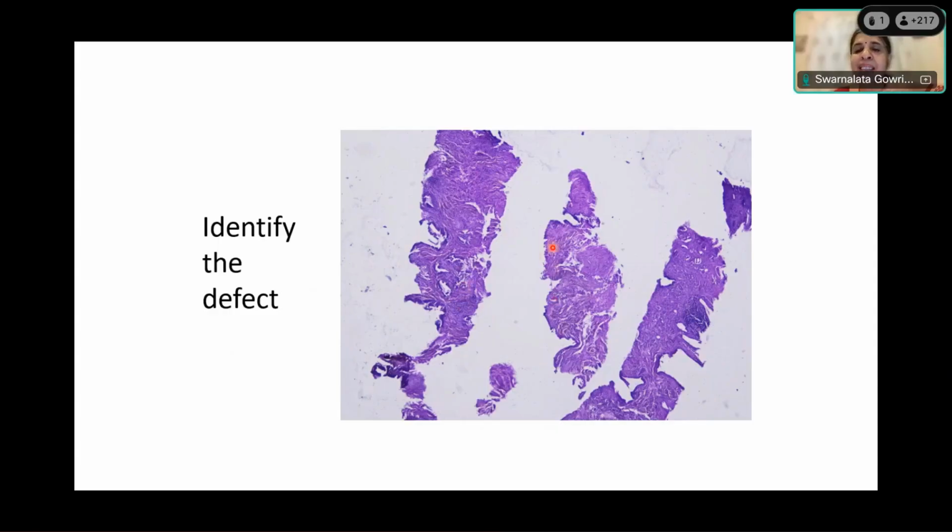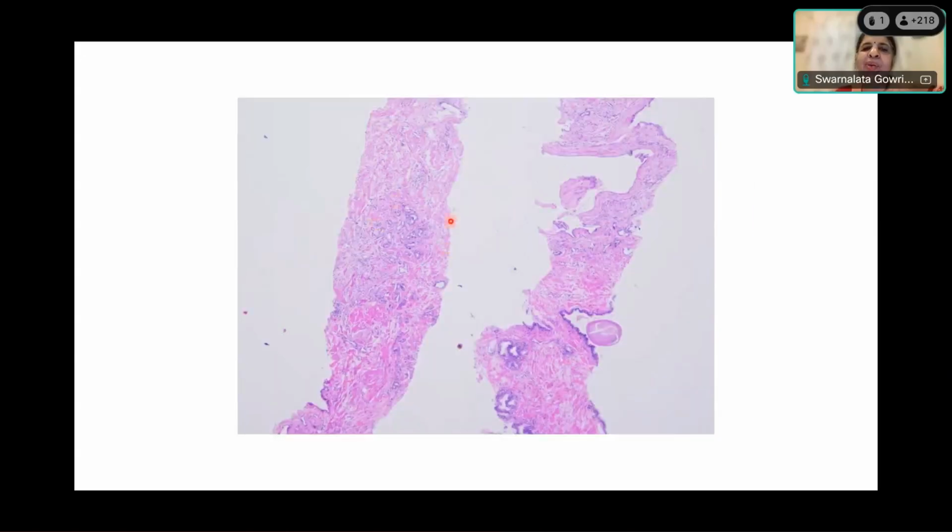These are very thick sections. Ideally sections should be 2-3 microns. These were cut, I don't know, maybe at 4-5, and the staining also, there was no differentiation of eosin and hematoxylin. Everything was a uniform purple.